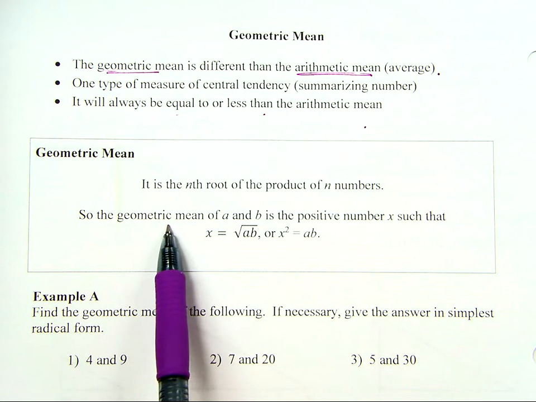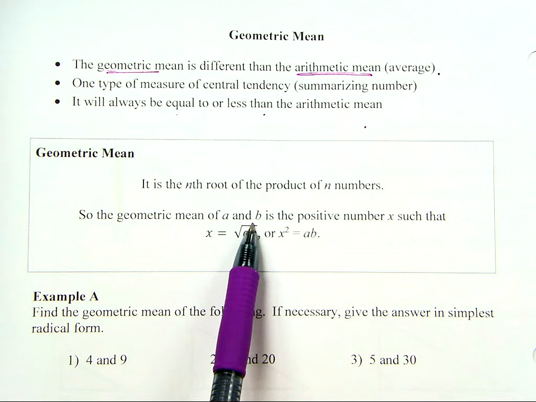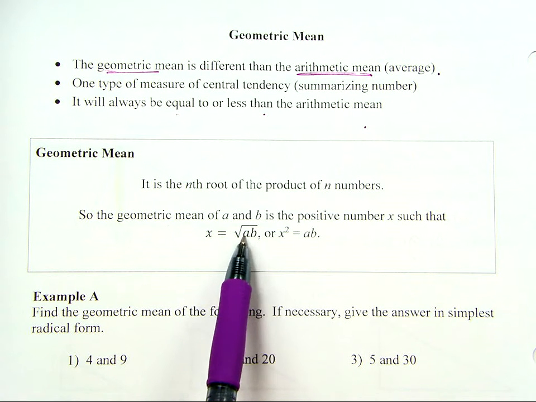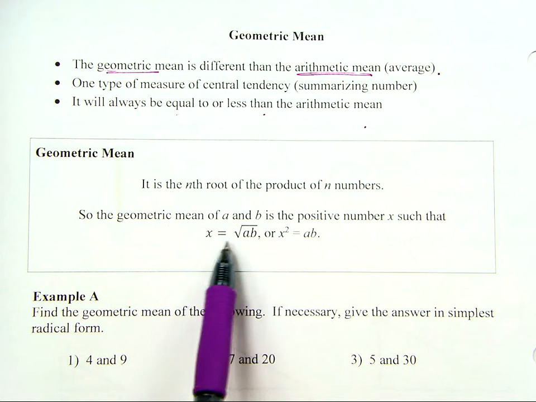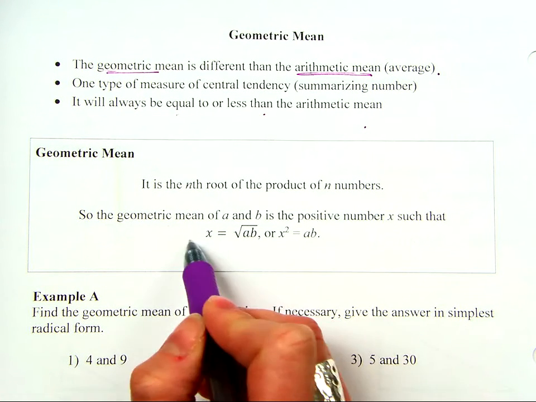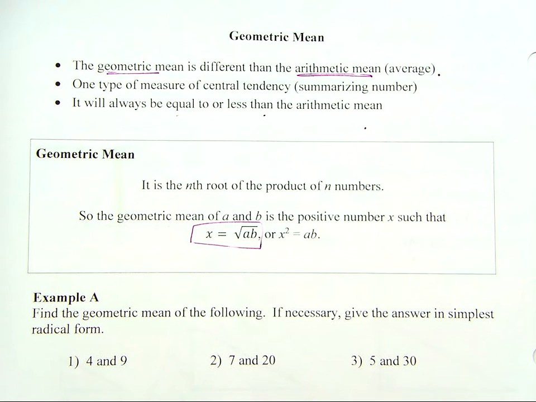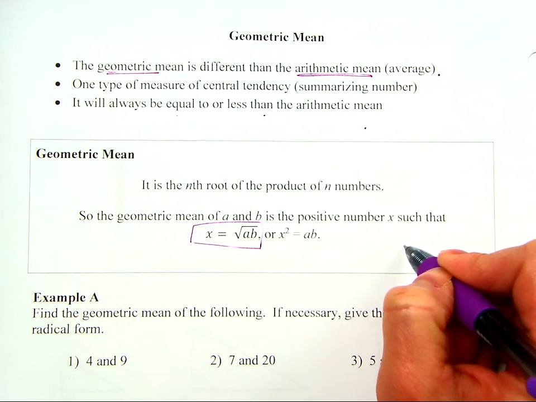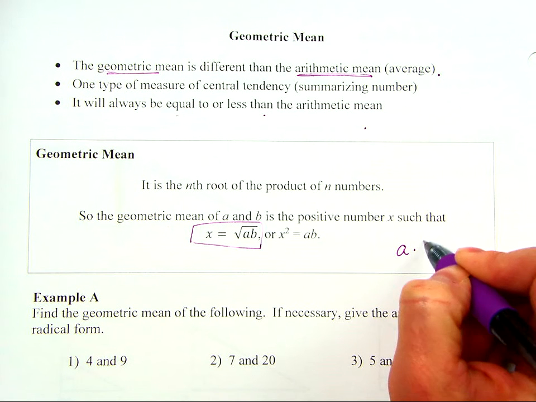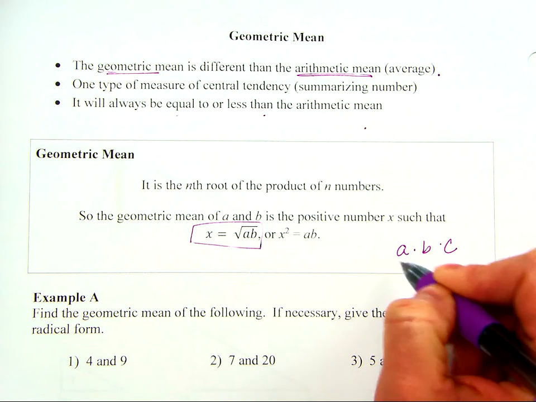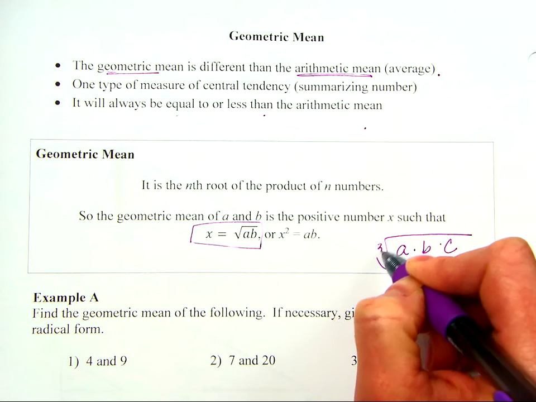If I have the geometric mean of A and B, we would be multiplying them, we get the product. And the nth root, if there are two numbers, then we need the square root. So here, my geometric mean for A and B would look as so. Now, if I have three numbers, A, B, and C, it would be the product of A, B, and C, but it would be the cube root.